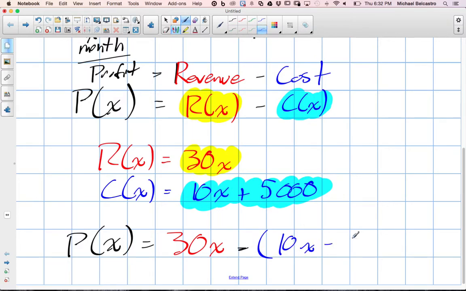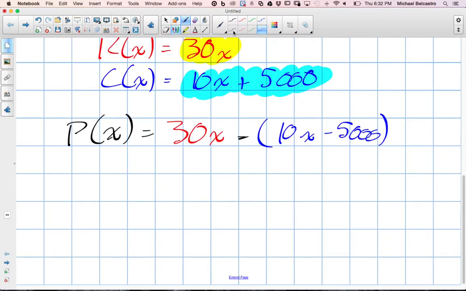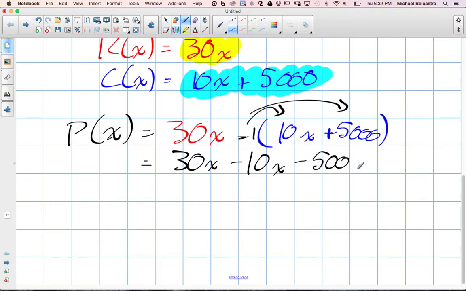Now we're just going to simplify terms to build this profit function. So this negative is technically, think of it like it's almost -1, and it's being distributed to both of the terms inside of here. So this becomes subtract 10x, and this should become negative 5,000.